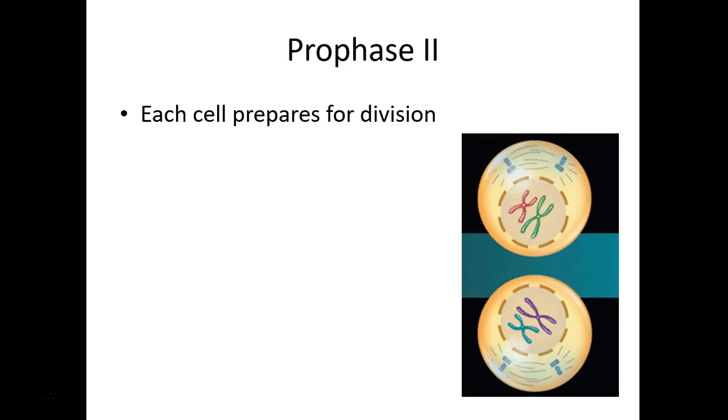So we repeat the cycle. We go through prophase 2. The cell is going to prepare for division, but during this time, there is no crossing over. We also do not repeat interphase because we want to end up with half of the chromosome number, so we don't want to replicate again.